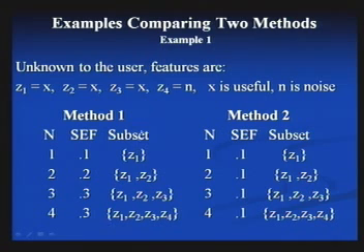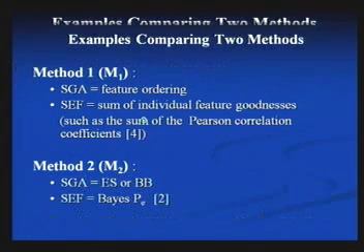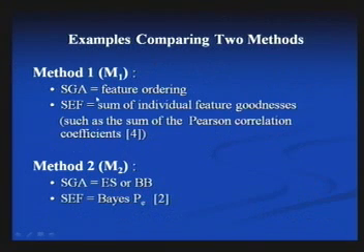Okay. Well, I want to try to get across the idea of some of the basic problems with existing algorithms. So let's look at two methods, and basically method one, which I'm describing here, we're using a good subset generation algorithm, just feature ordering. It might be sequential forward selection that I described earlier.